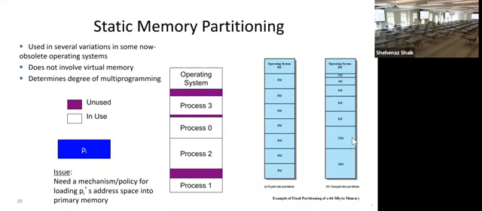Similarly, the next to the bottom one has 12 megabytes, so that will result in 3 megabytes of internal fragmentation. Whereas if we place it in the third or fourth one from the bottom, that will result in 1 megabyte of internal fragmentation, which is the wasted memory capacity. So that will result in a lesser amount of wasted memory space.